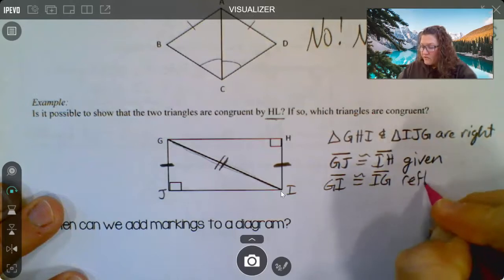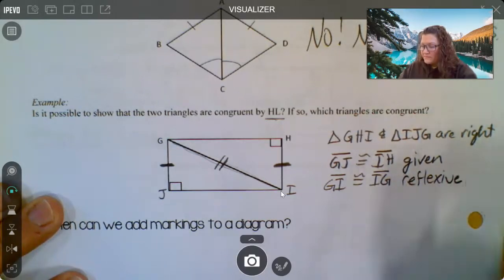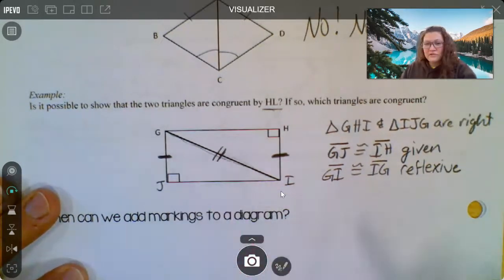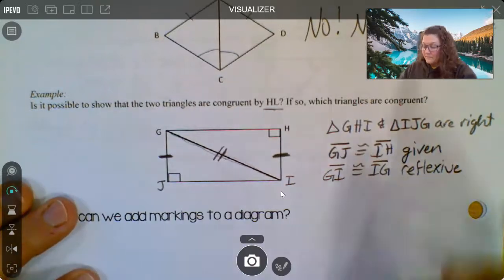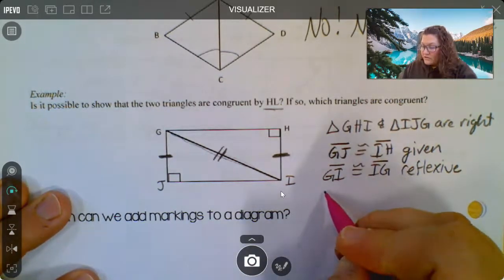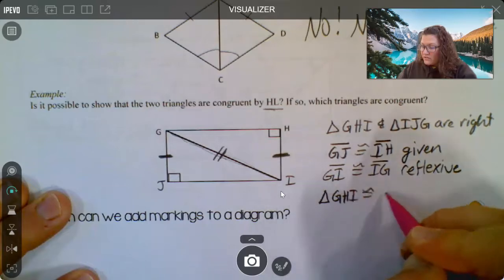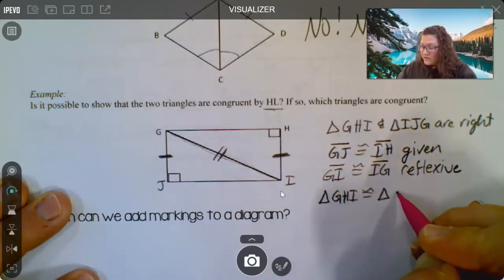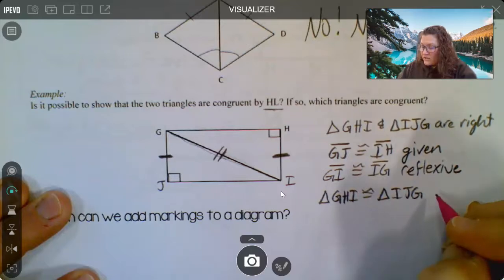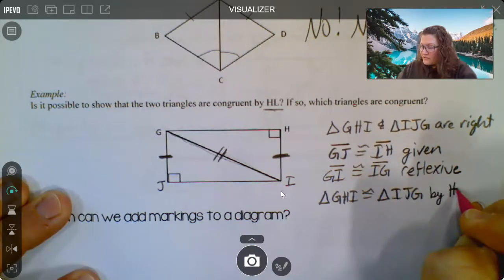And that is by the reflexive property. So I have hypotenuse and leg. So triangle GHI is congruent to triangle IJG by hypotenuse leg.